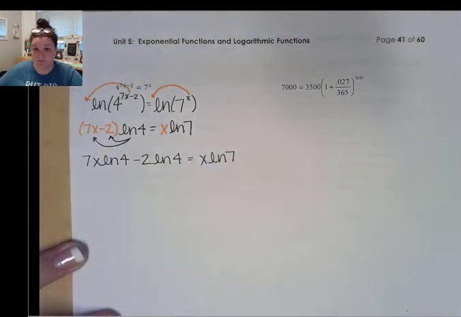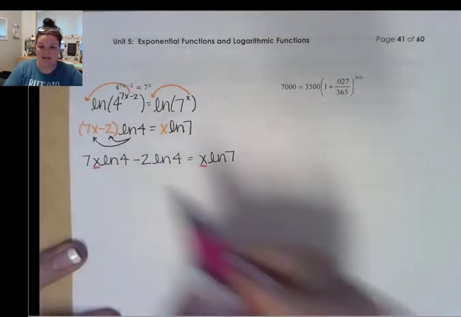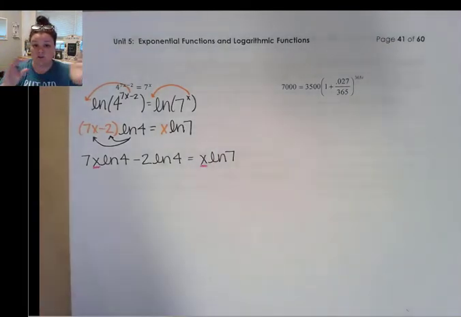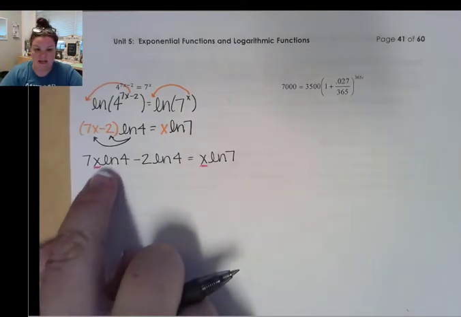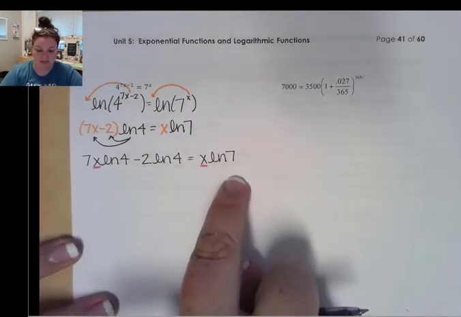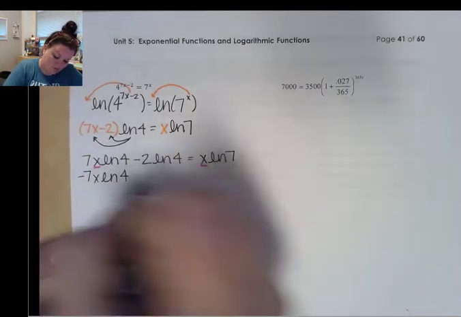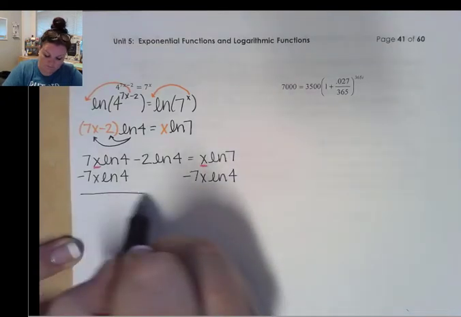So just to keep perspective, we're solving for x. So this term has an x, and this term has an x. So any terms that have x's, I need to get all those terms on the same side of the equation. So I'm going to go ahead and move this 7x ln 4 to the other side. So I'm going to subtract 7x ln 4 from both sides.